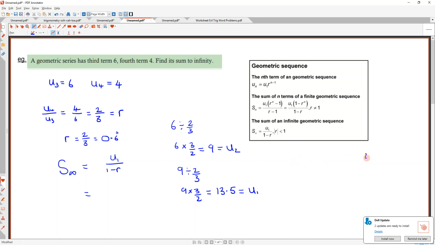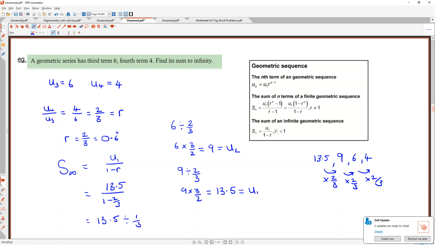If I just write these numbers down: 4, 6, 9, 13.5. If I'm multiplying by 2/3 each time, it works. So 13.5 divided by 1 minus 2/3. 1 take away 2/3 is 1/3.